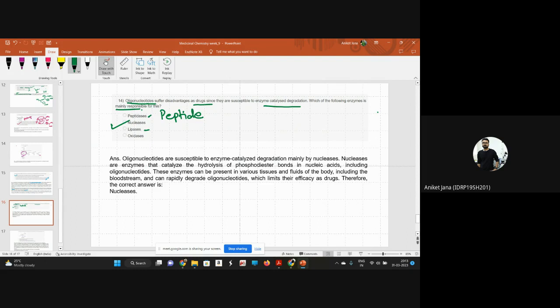Okay, so oligonucleotides are susceptible to the enzyme catalyzed degradation mainly by the nucleases. Nucleases are the enzymes that catalyze the hydrolysis of the phosphodiester bonds in nucleic acids. What is that phosphodiester bond?